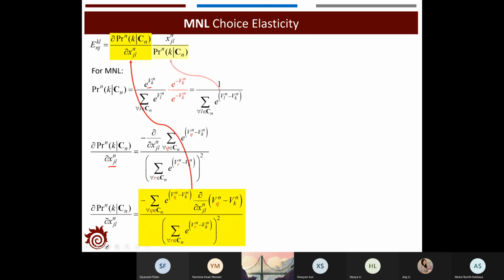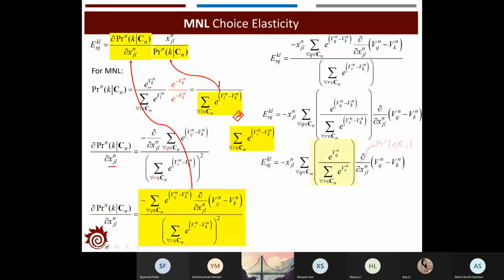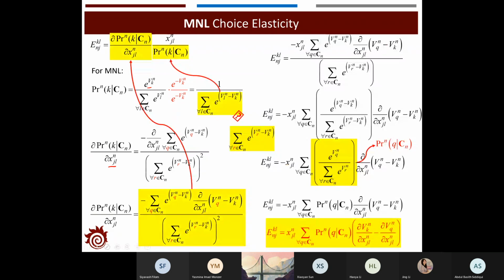And now with this derivation, if we do some expansion and apply some simplification, eventually you can find a very simple result. Even though this derivation is very complicated, eventually we get a relatively simple equation.